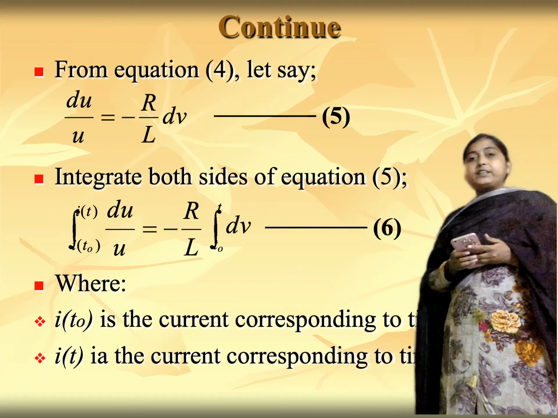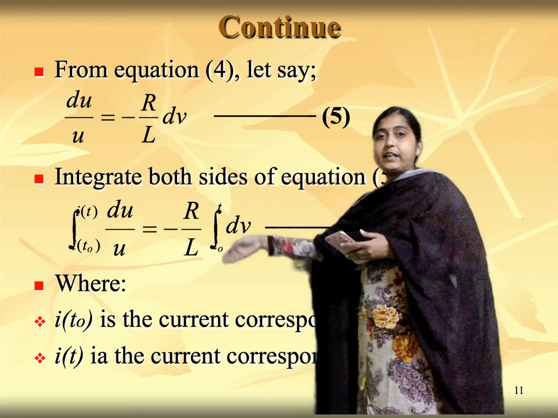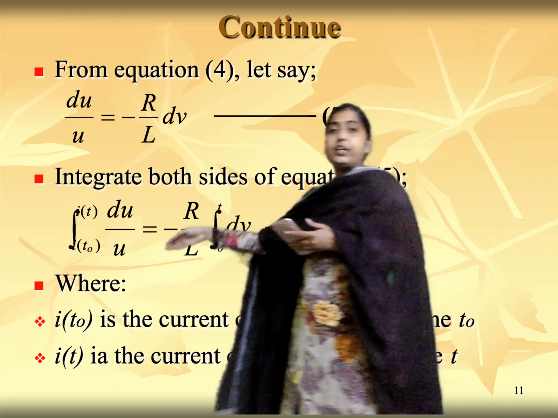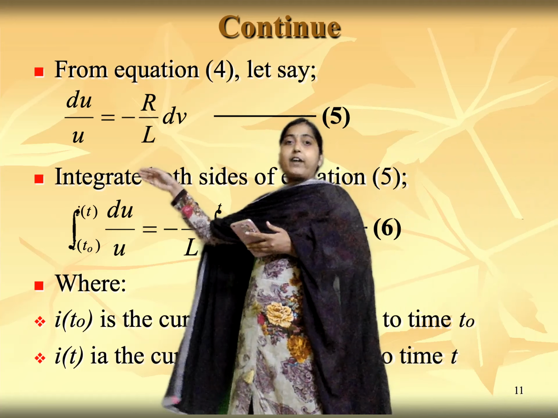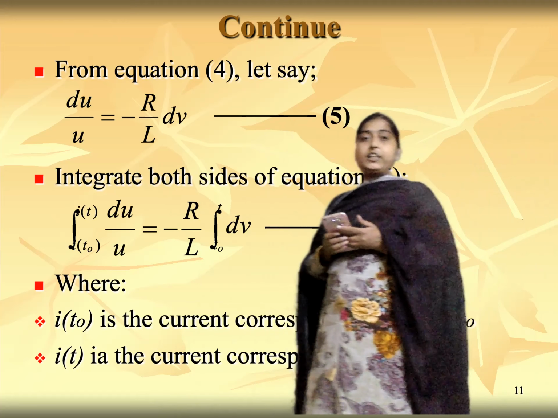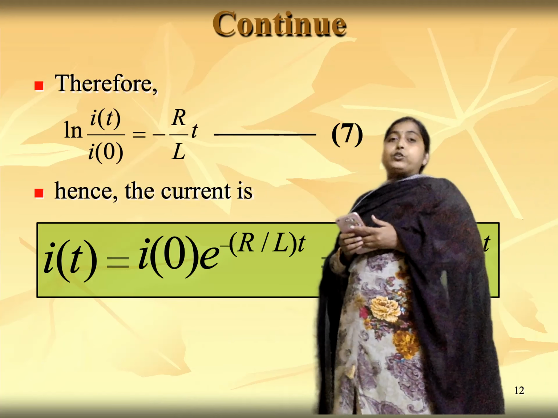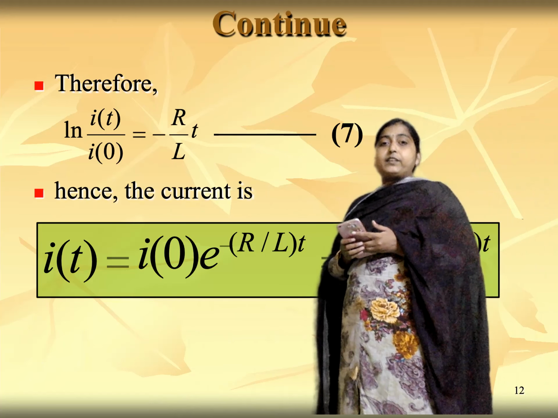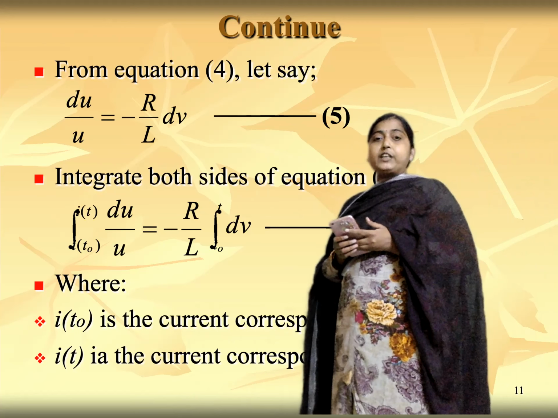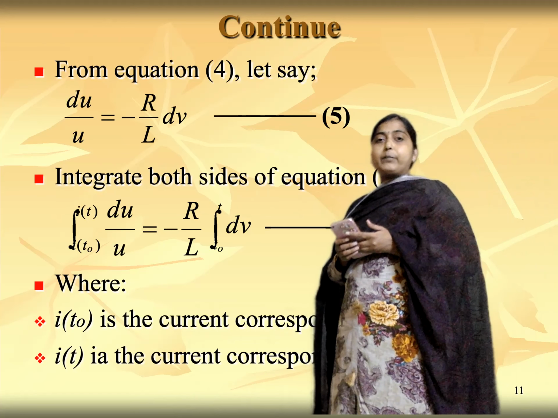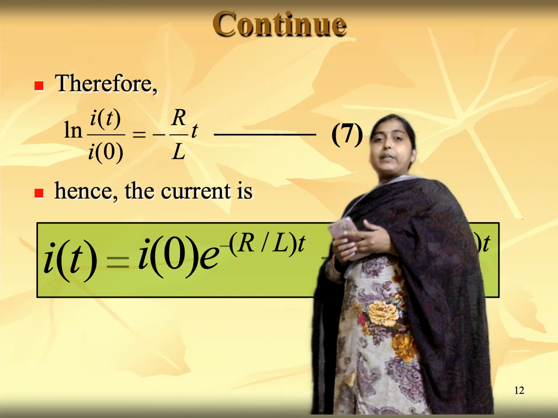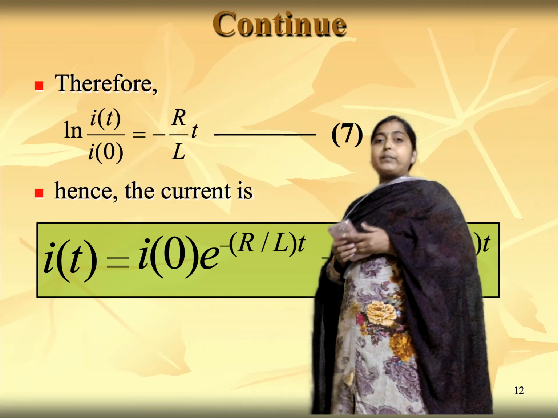So the integration limits are the initial value at t naught and the final value at t, and based on that we are changing the integration limits here. Solving this with respect to integration and substituting the upper limit minus the lower limit, the upper limit is I of t and the lower limit is I of 0.